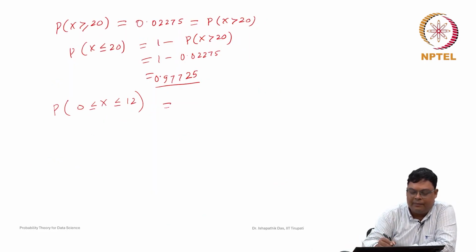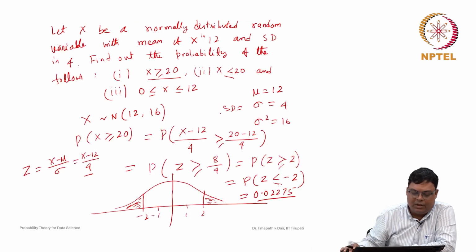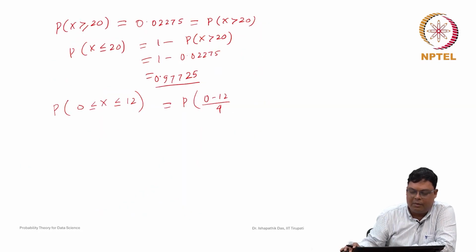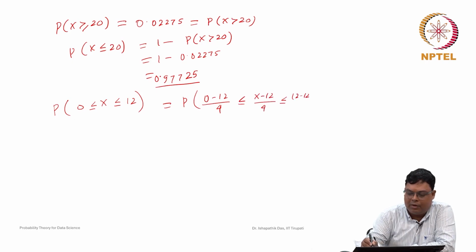Then this is nothing but (0 minus 12) by 4 less than or equal to (x minus 12) by 4 less than or equal to (12 minus 12) by 4. So, basically this probability is the probability that minus 12 by 4, which is minus 3, is less than or equal to z, the random variable, normal 0, 1, less than or equal to 12 minus 12, which is 0.